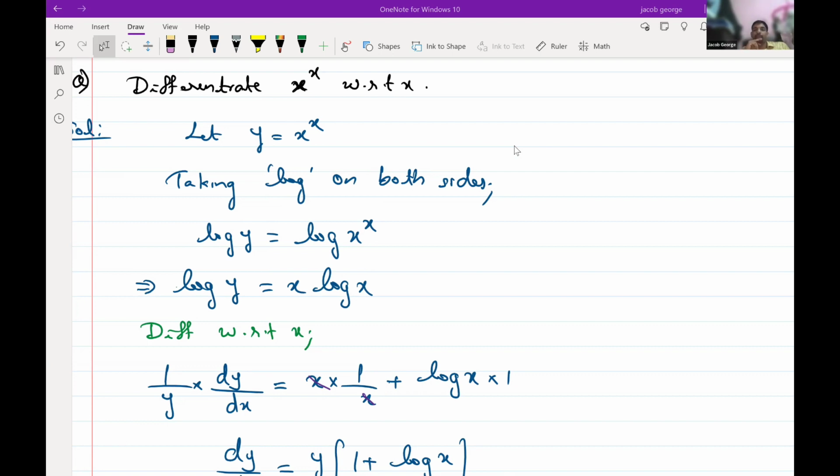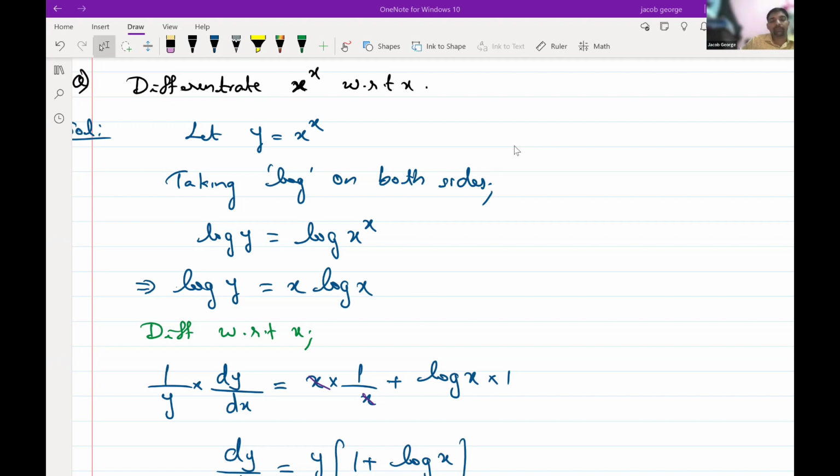So first we write, let y is equal to x raised to x. Then we have to take the log on both sides. Log y is equal to log of x raised to x. This is the starting of all logarithmic differentiation questions. We can easily identify the question because it is a function raised to another function. So the right hand side is log a raised to r, that is r log a form.